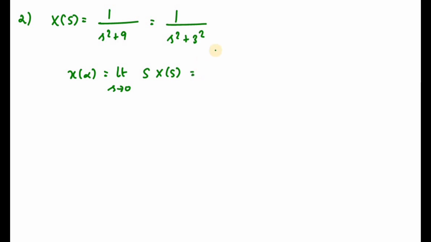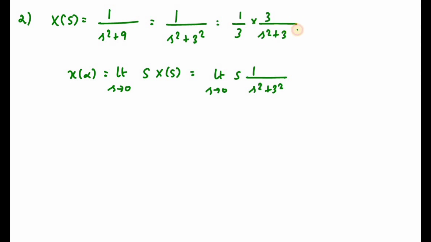So here you can see limit s tends to 0, s into 1 divided by (s squared plus 3 squared). Okay. So this I can write as 1 divided by 3 into 3 divided by (s squared plus 3 squared), right? So this is in terms of sine function.